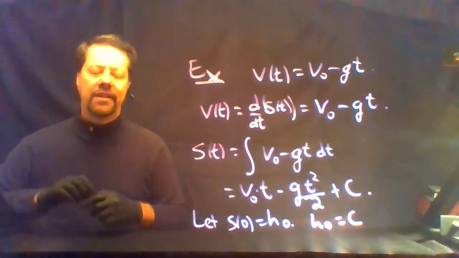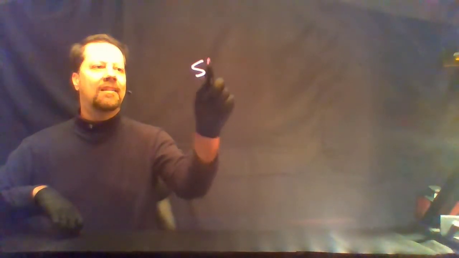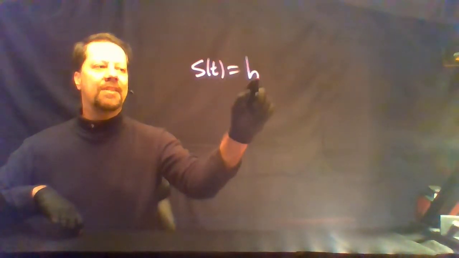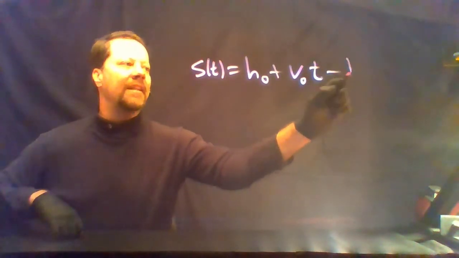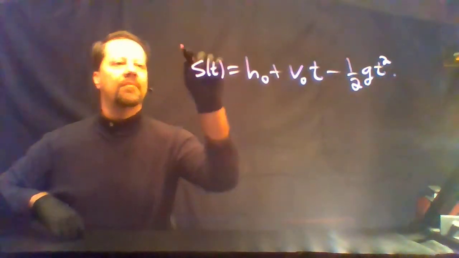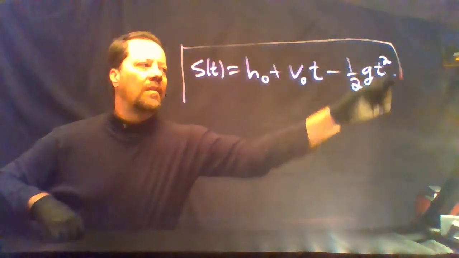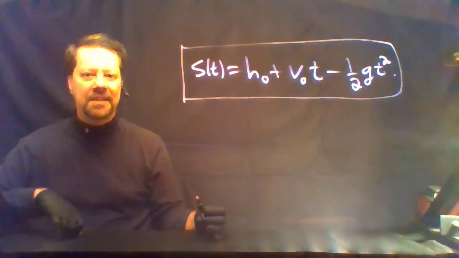The constant of integration is the initial height. It follows then that the height as a function of time is the initial height plus the initial velocity times time minus 1/2 g t squared. You might remember this from your courses in physics.